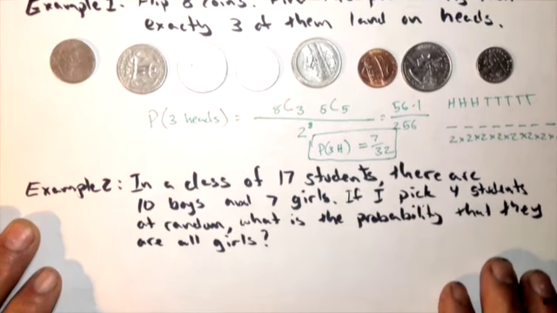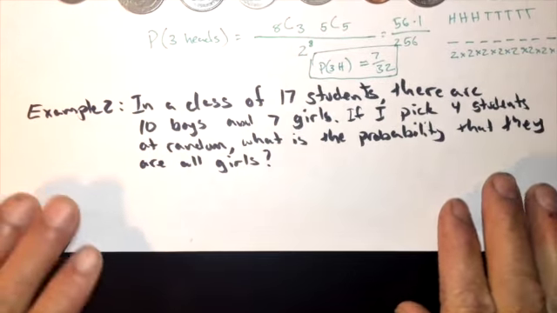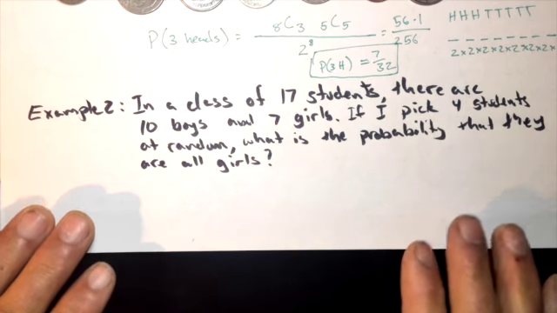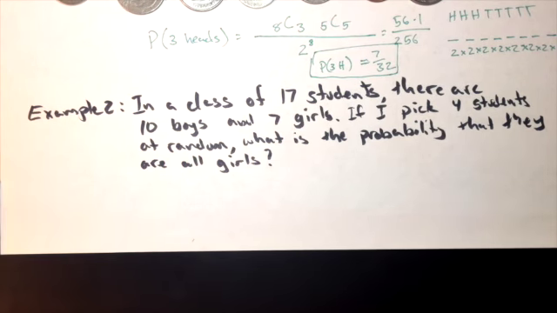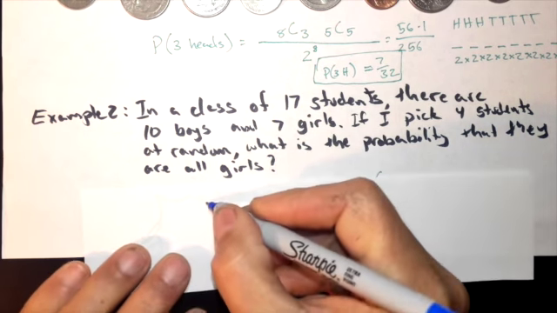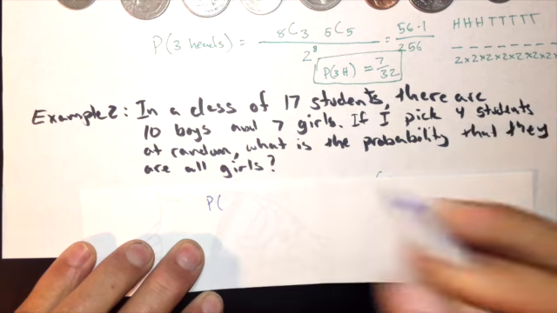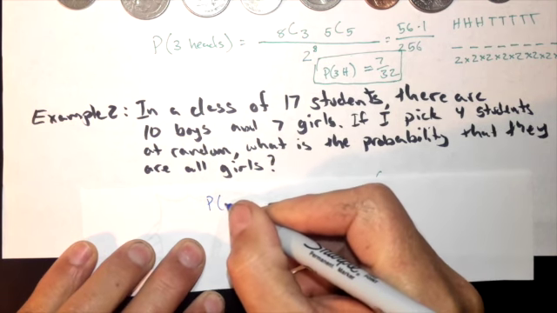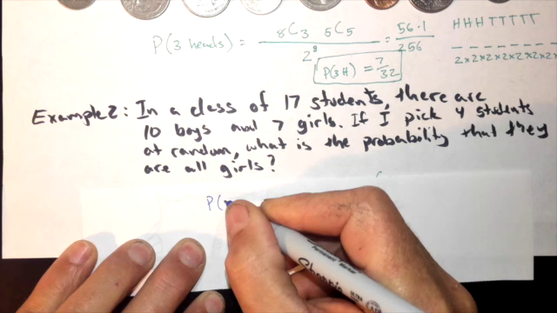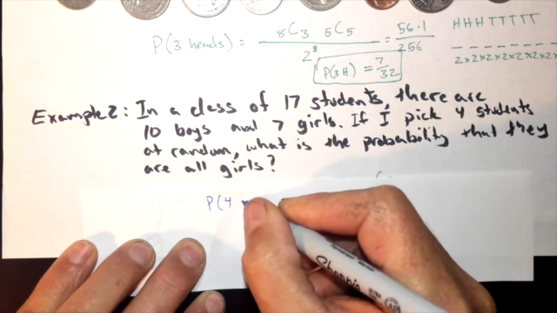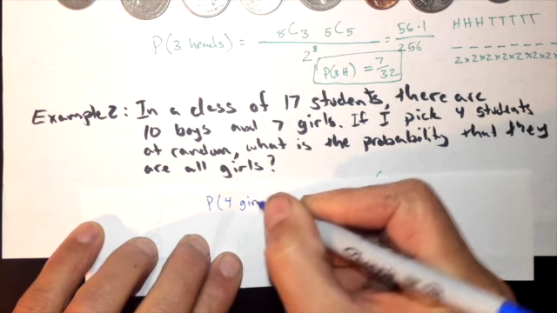The next example that we're going to do is, it says, in a class of 17 students, there are 10 boys and 7 girls. I wonder what class that is. If I pick 4 students at random, what is the probability that they are all girls? Okay, to find this probability, I'm going to count the number of ways. So I'm finding the probability that I have 4 girls in my group.